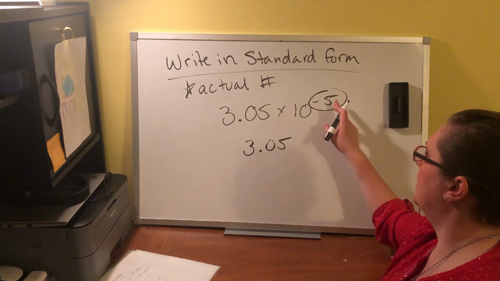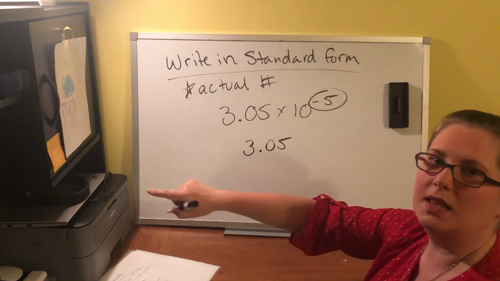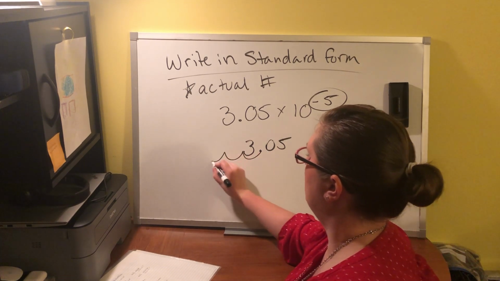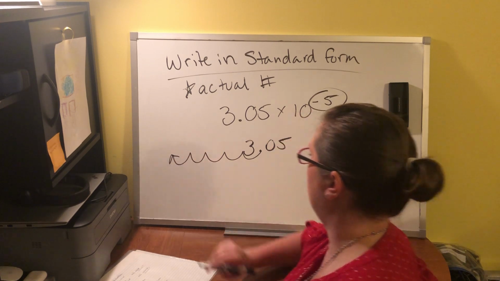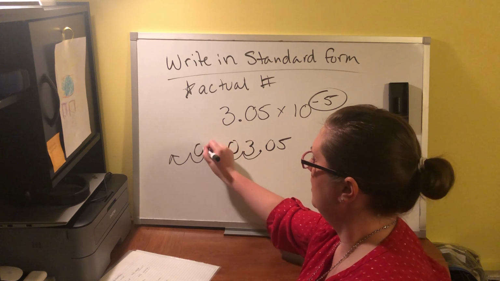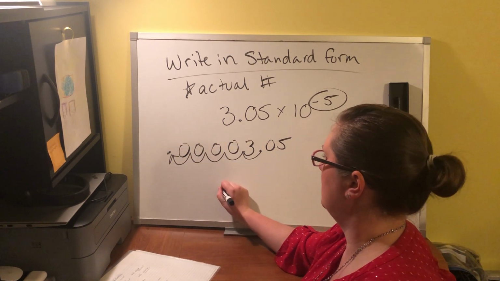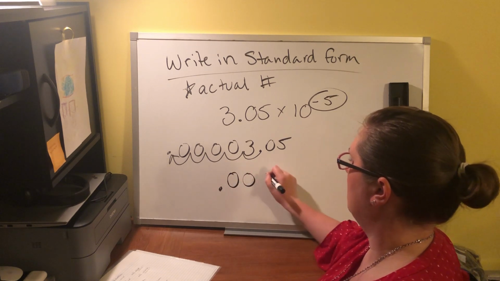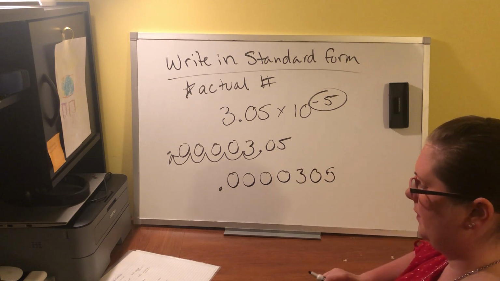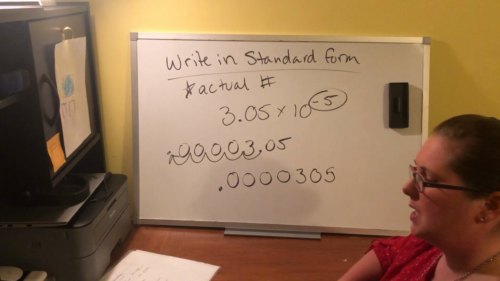Okay, so we know we're moving our decimal 5 times. The negative is telling us that we're moving it to the left, okay? To the left 5 times. So I have 1, 2, 3, 4, 5. Now you notice these blank spaces again. I'm going to add in zeros and a decimal for this problem. So our answer is 0.0000305.